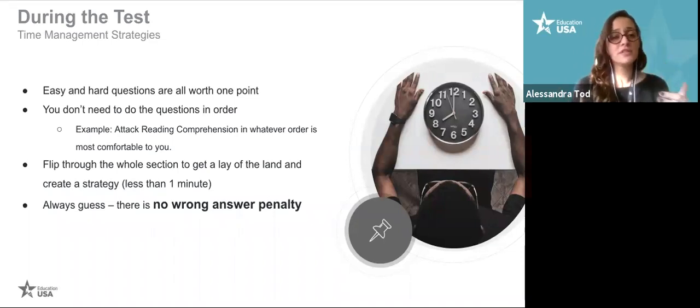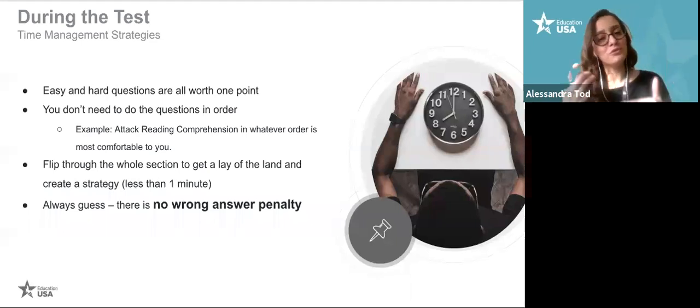Go for the easy questions first and leave the harder ones for later. And make sure that you answer everything, because there's no wrong answer penalty. So you can just guess. Also, you don't need to do the questions in order. If you go to the reading comprehension part, you can choose what's comfortable for you. Start with the easy ones and then go to the hard ones.